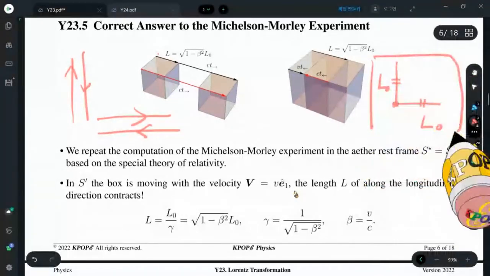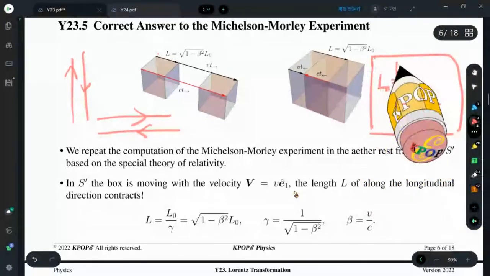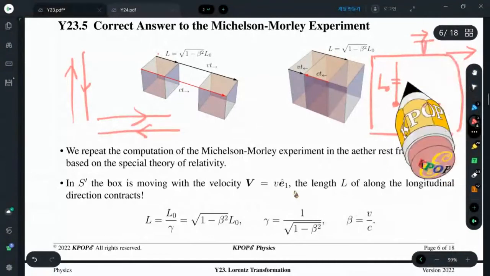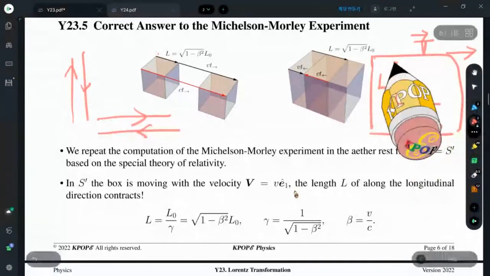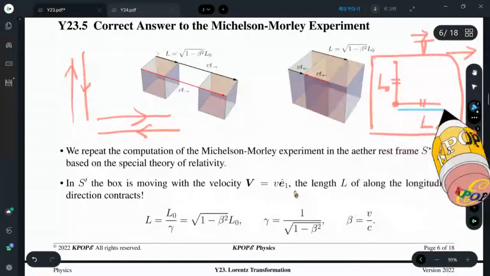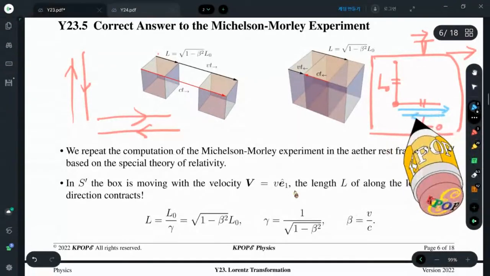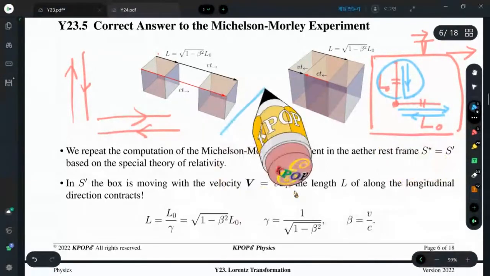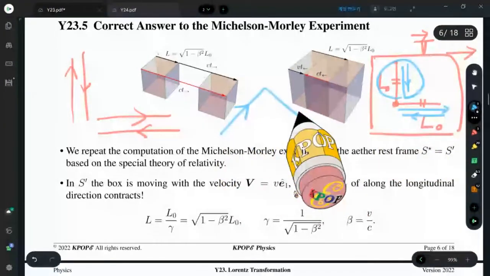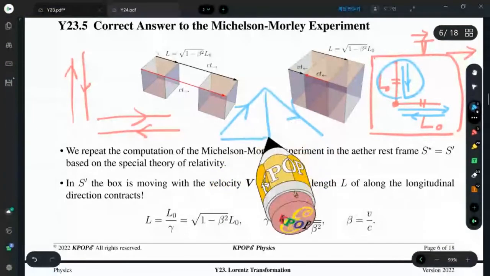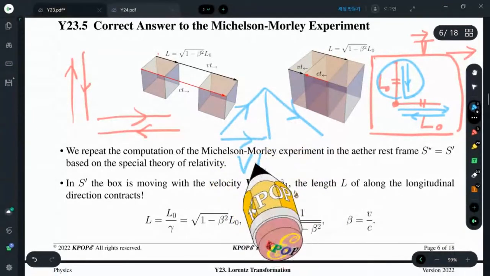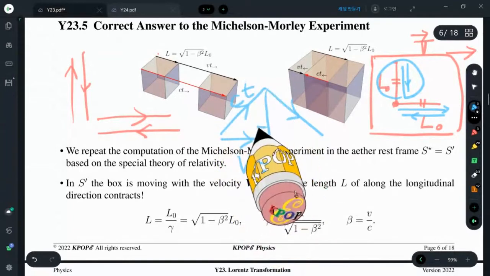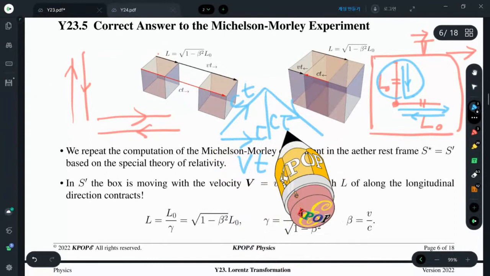And this device, as well as the Earth, moves with the velocity capital V. In that case, light travels back and forth. We computed this in the moving frame, and we saw that the motion is Vt, and this is Ct, and this part was C tau, something like that.